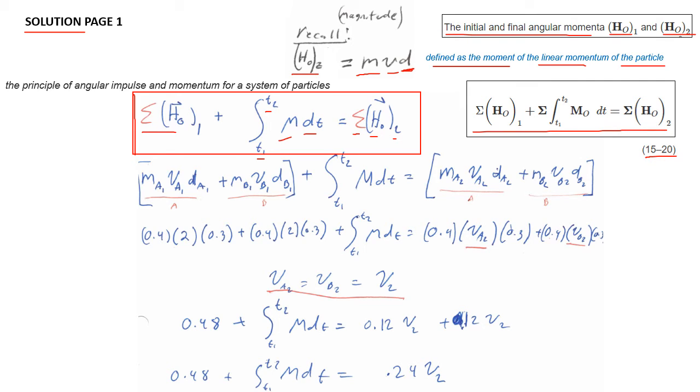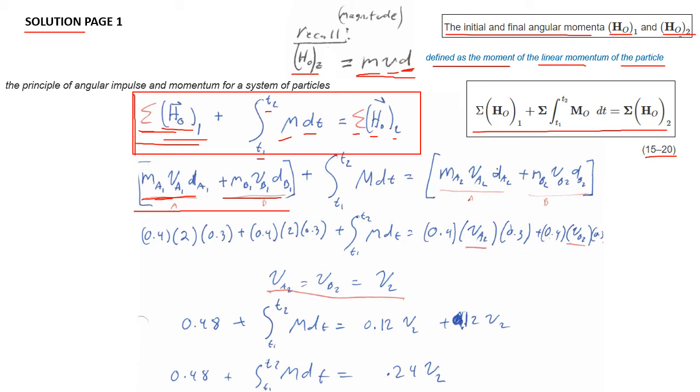So from this, we can start plugging in our known values. We start with our H_O1 expression. We recall this relationship up here, so we can plug this in, summation for mass A and for mass B, we still have that m v d. So I label these out: m_A1, v_A1, d_A1 plus m_B1, v_B1, and d_B1 for the summation.